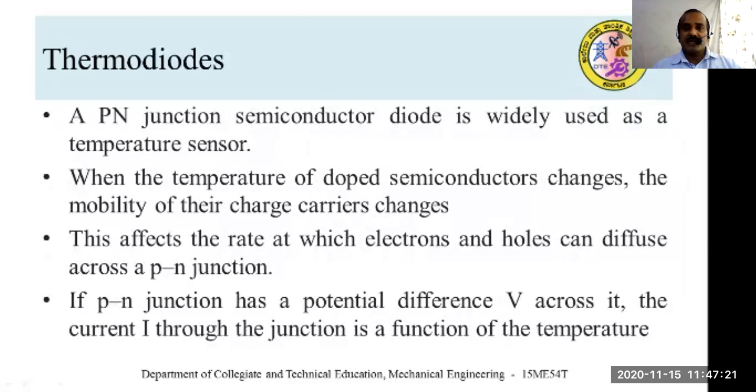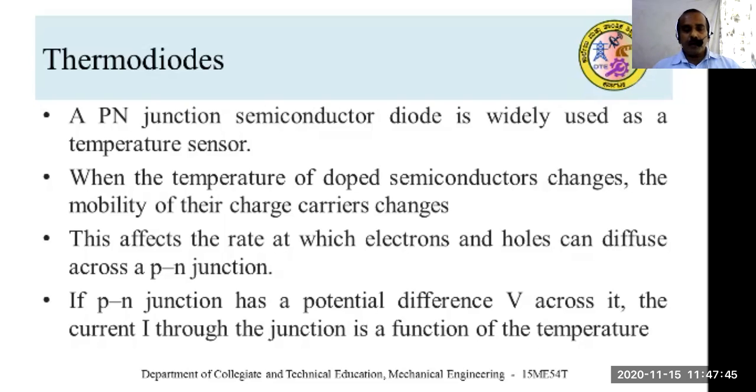The next type of temperature sensor is a thermodiode. A thermodiode is a specially designed semiconductor diode which is used for temperature sensing. They are more sensitive to temperature measurements than any other device.